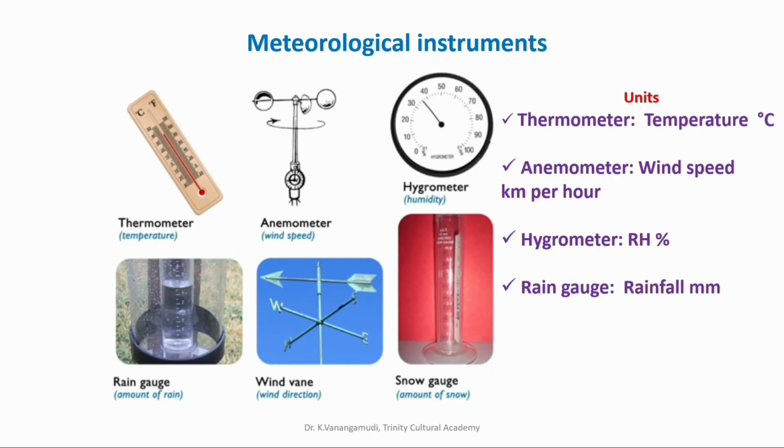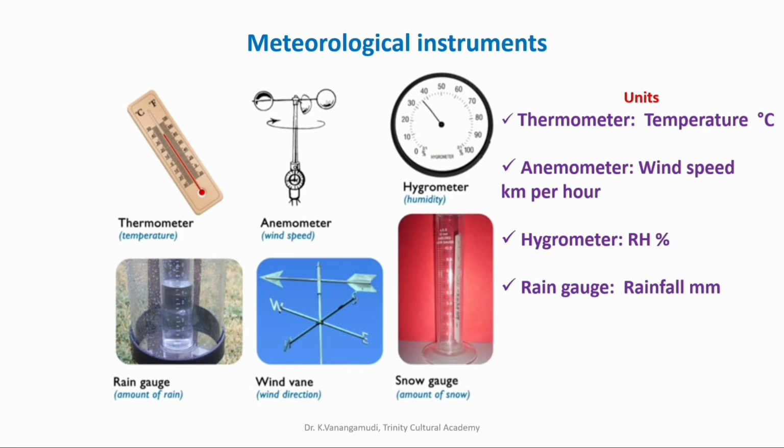Meteorological instrument is also an important content for the examination point of view. Let me explain on several instruments like thermometer, which records temperature in degree Celsius and also degree Fahrenheit. Anemometer is for wind speed and measured as kilometer per hour. Next is hygrometer to record relative humidity in percentage.